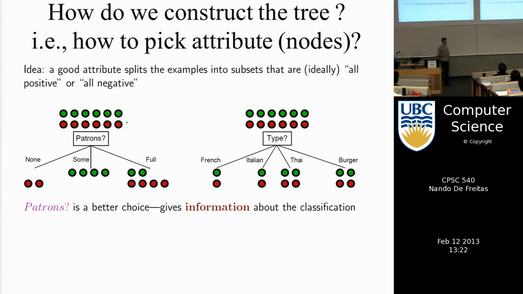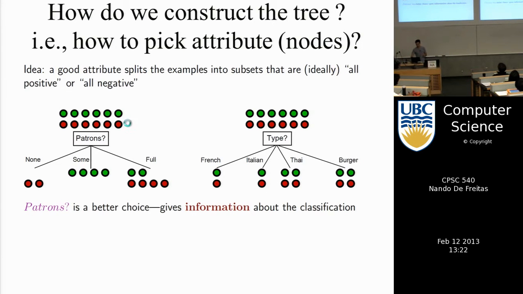Essentially, this question that we have here is for two variables. I have two possible questions, and if you look at patterns, we did the analysis in the table. When we looked at patterns, we had none, some, or full, and that was the distribution of how those customers got split by that decision.